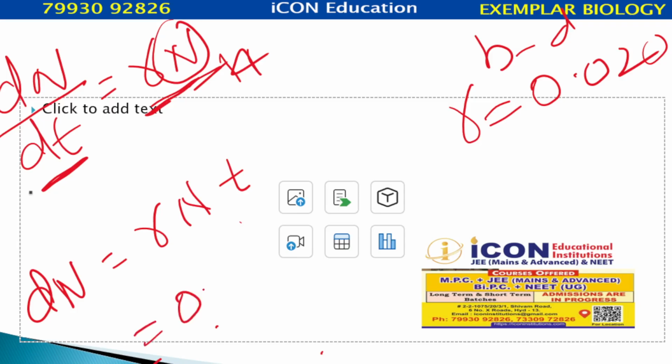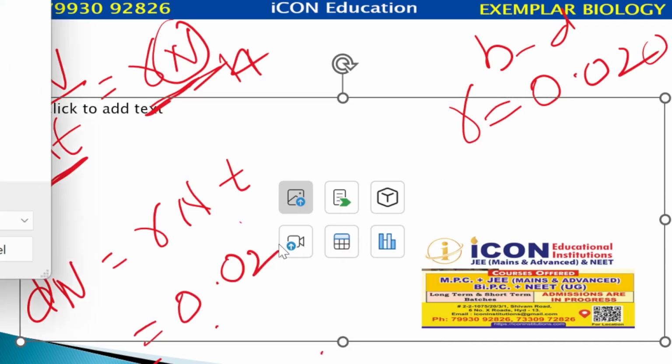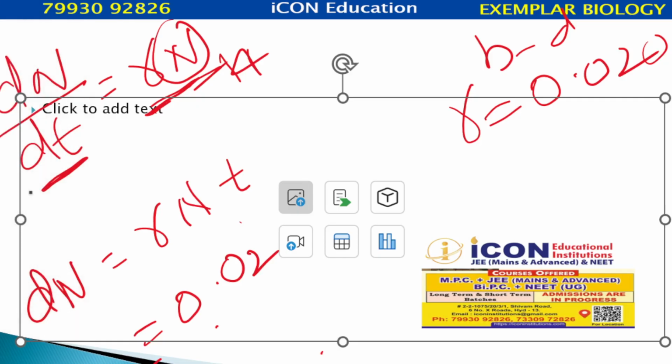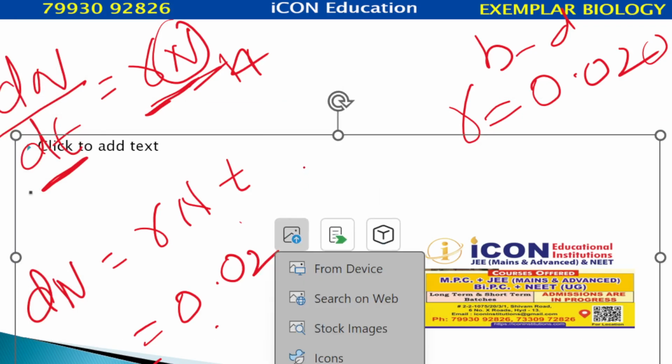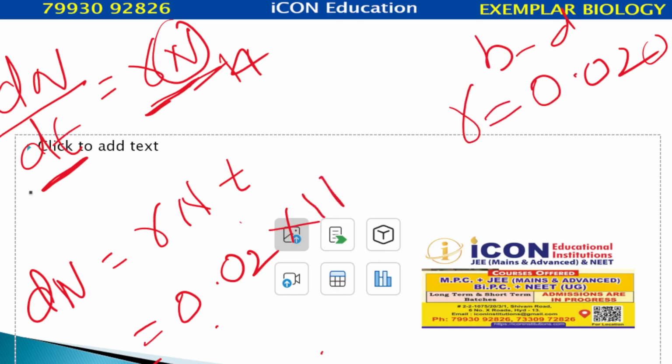So 0.02 into 14 million, and the time period of 10 years they say.